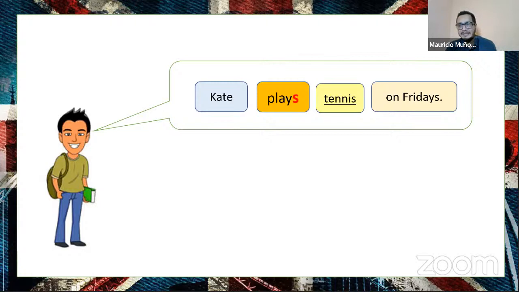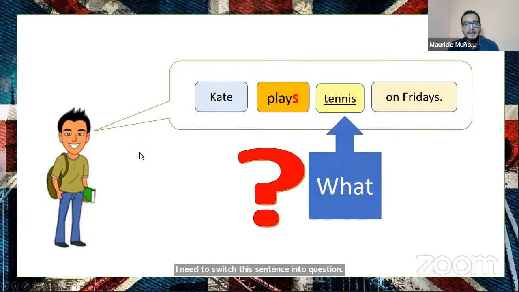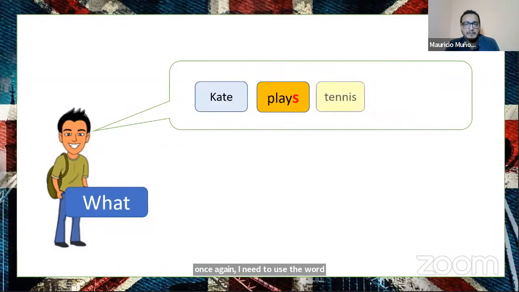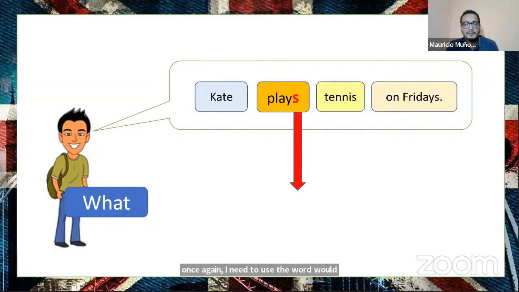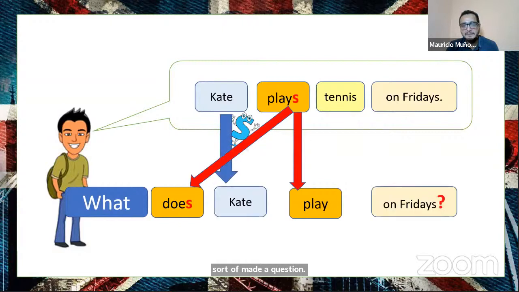I need to switch this sentence into a question. So, let's do it. Once again, I need to use the word what. So I made a question. You see? There is something peculiar in here. Hay algo peculiar aquí. ¿Qué sucede?